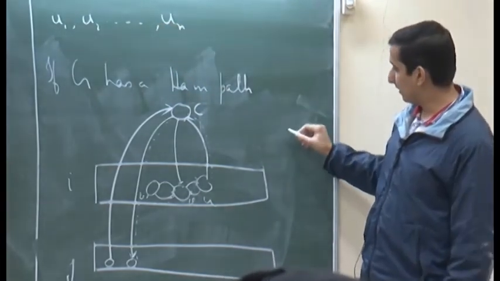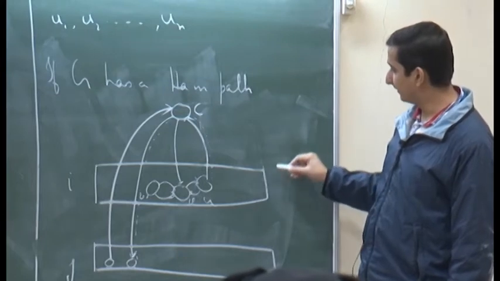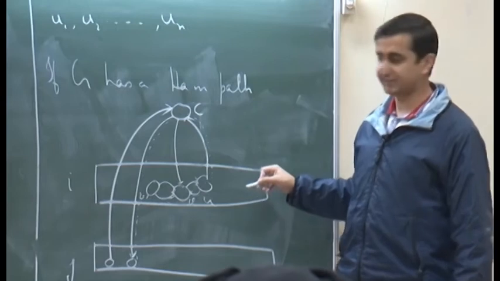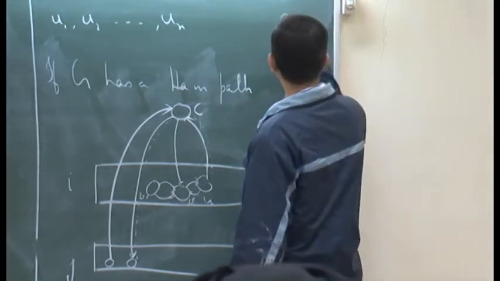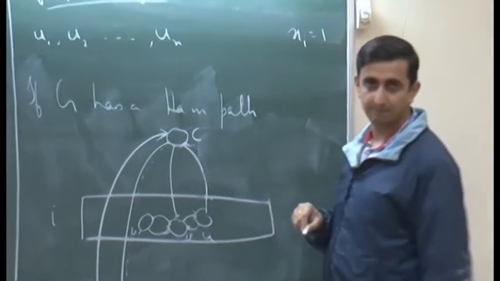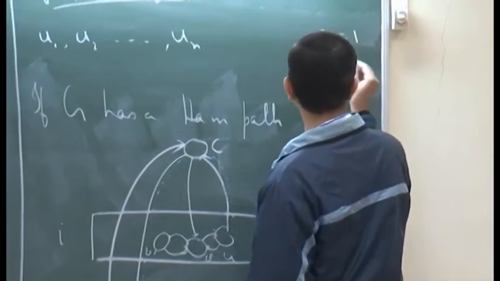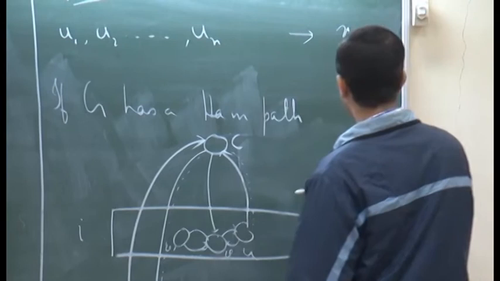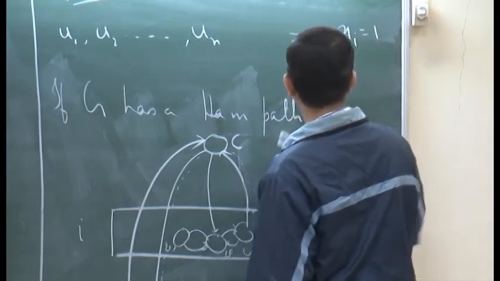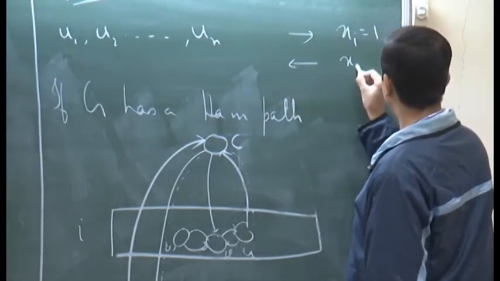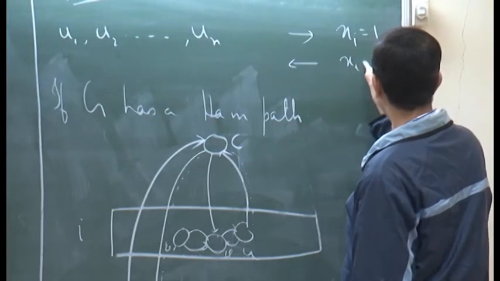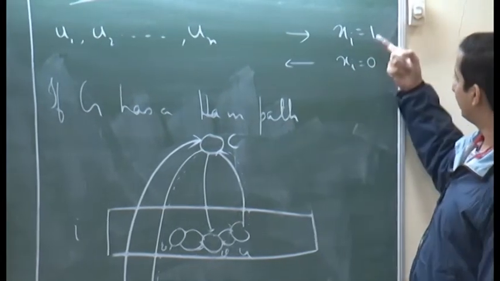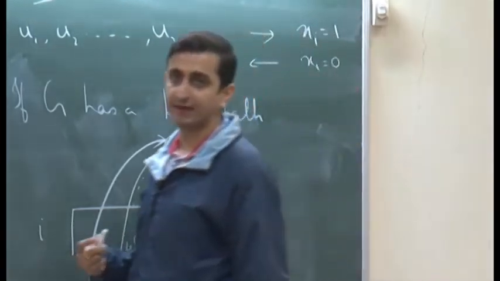If the Hamiltonian path traverses the ith chain from left to right, I will set x I equal to 1, and if it traverses a chain from right to left, then I will set x I as 0. My claim is that this is a satisfying assignment for phi.